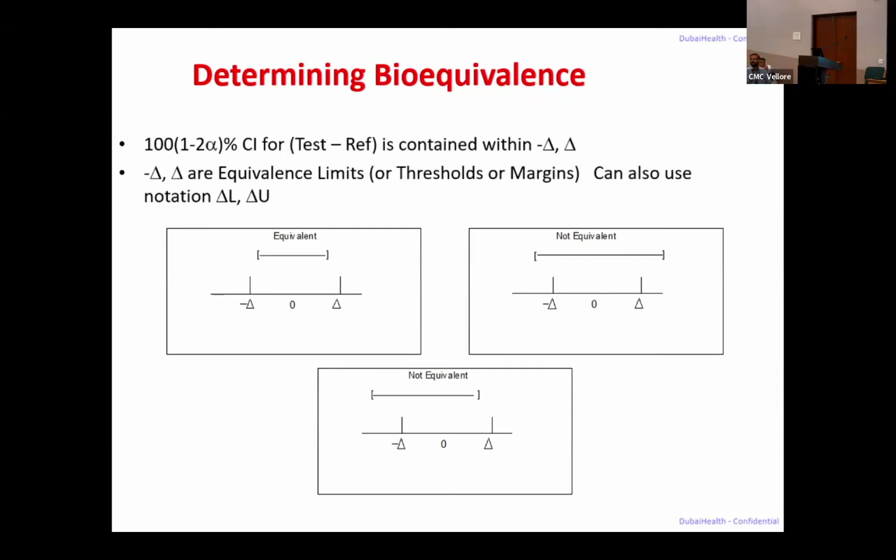Can you see this one? Now, supposing the difference in margin is like this, what would you conclude? Can it happen? What does it suggest? It can happen. Superior. Why superior? So this is superior.